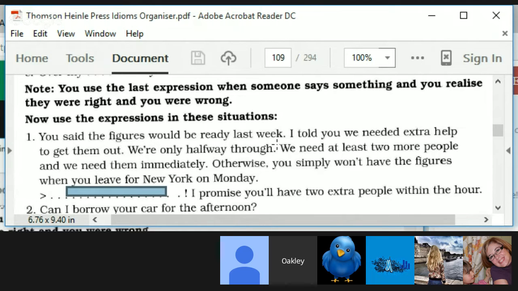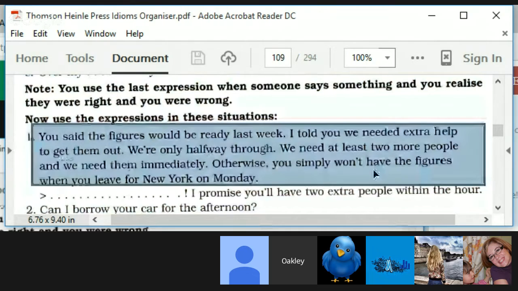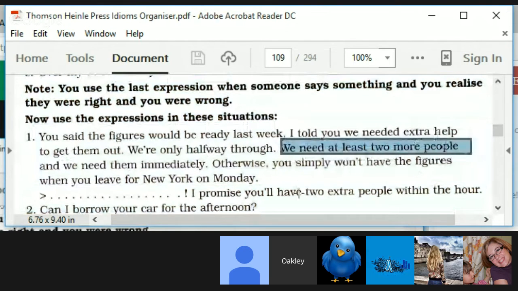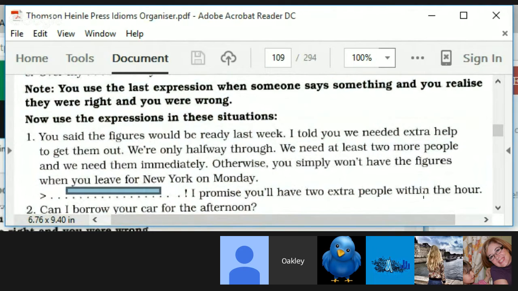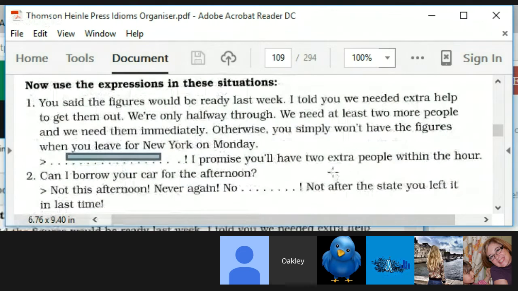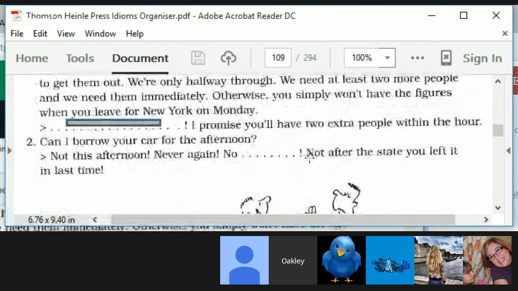So this person is making a lot of arguments. One of their points is we need at least 2 more people. Point taken. Exactly. I promise you'll have 2 extra people within the hour. There you go. You may concede the point taken. All right, you're right, I'm wrong. Never mind, I don't want to argue anymore.